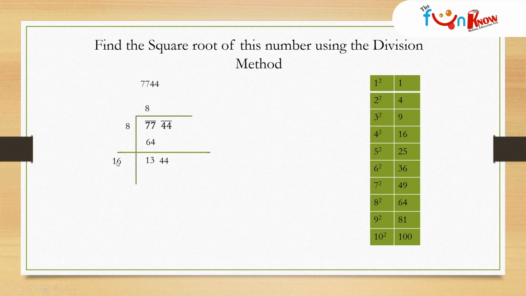Now, what will we do? 161 into 1, 162 into 2, like this we will do. If we do 166 into 6, it is 996, which is near this number, but then we will go for 167 into 7, which is 1169, which is also near this number.